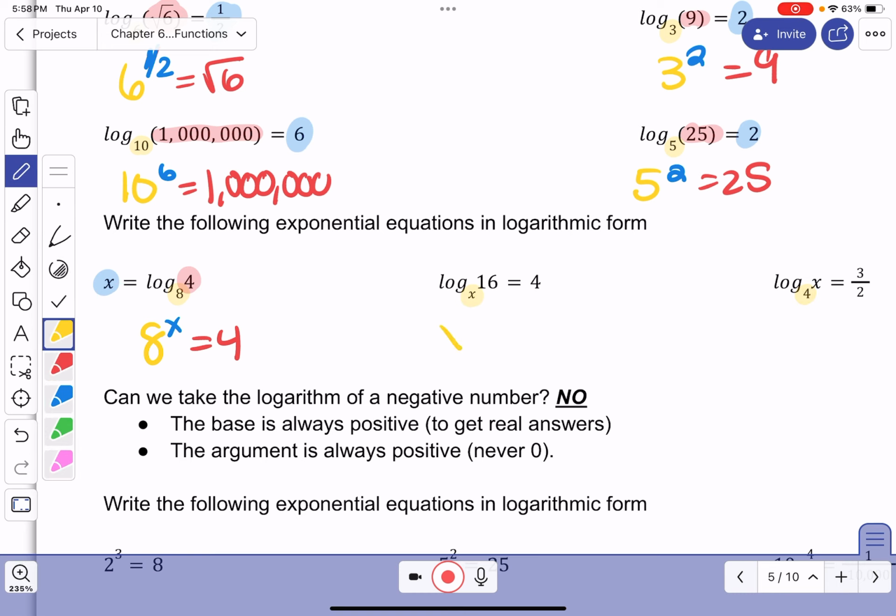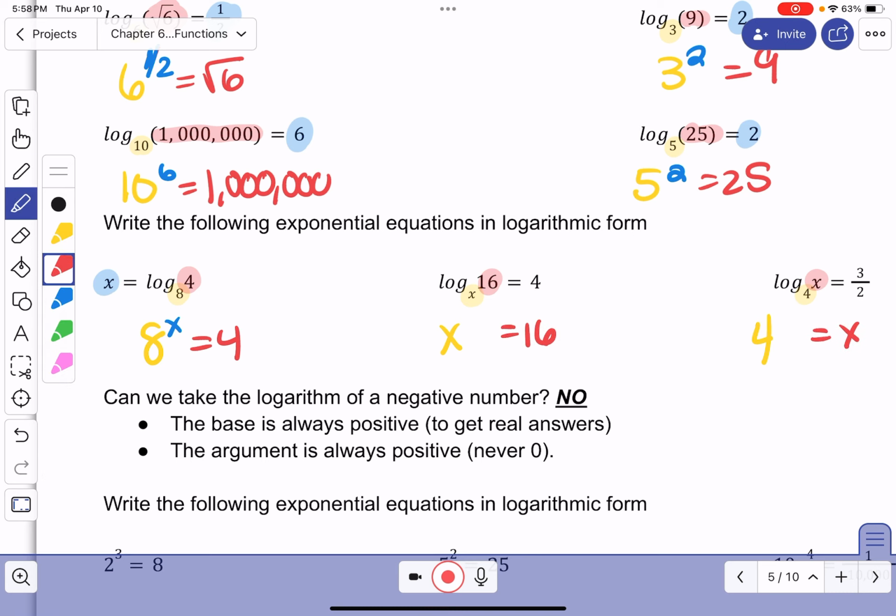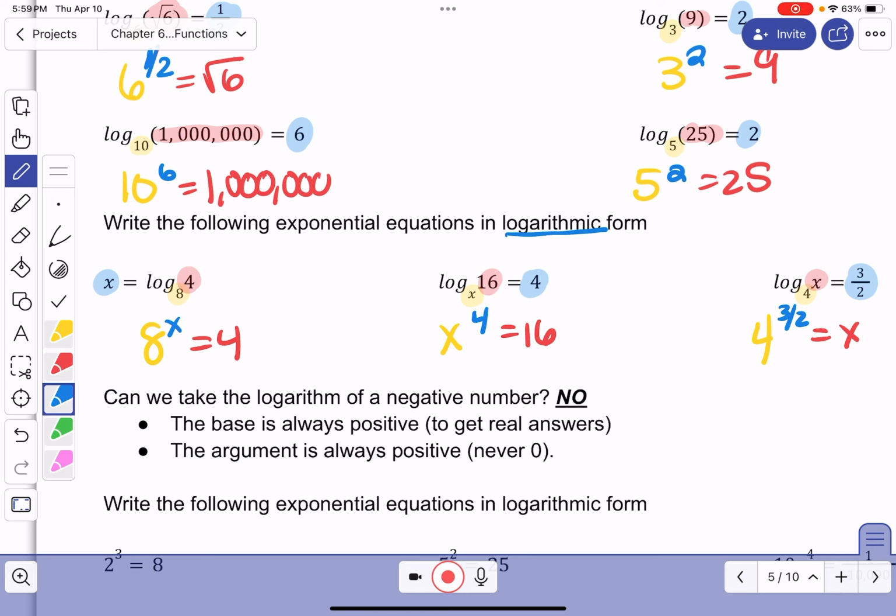So it's x on this one, 4 on this one. The argument becomes the answer. And then what's left becomes the exponent. So that's how you go from log form, that's with the log, to exponential form with the exponents.